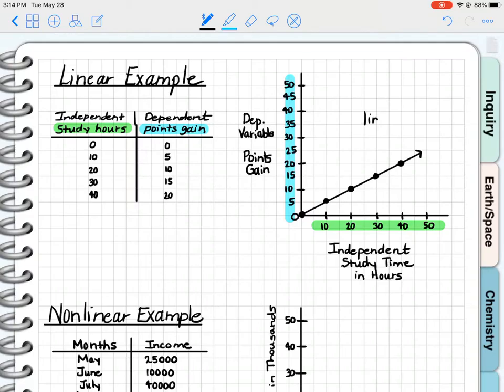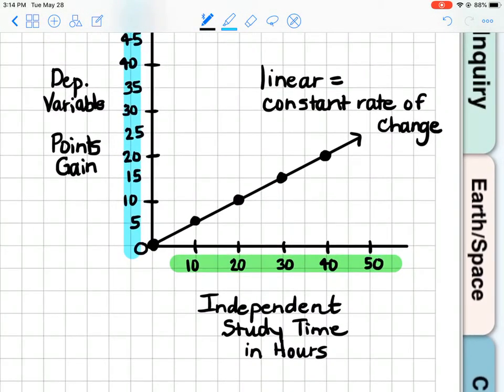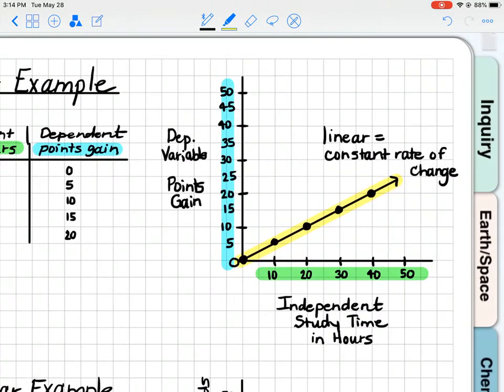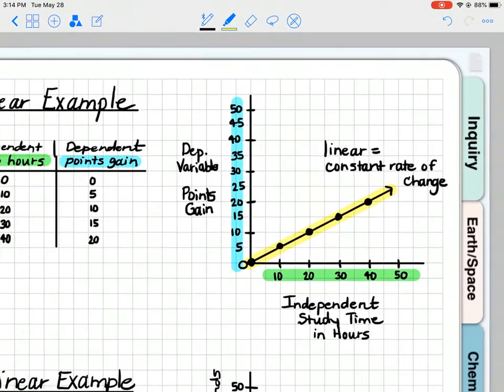Linear means constant change, constant rate of change. Okay. So this is linear. That perfectly straight, beautiful line. I love these because they're just so nice and neat. That is a linear rate of change.